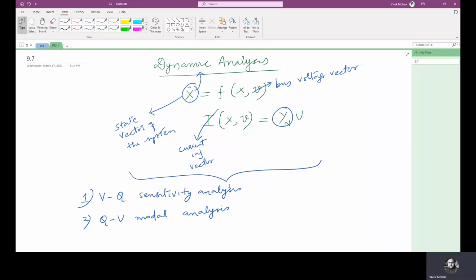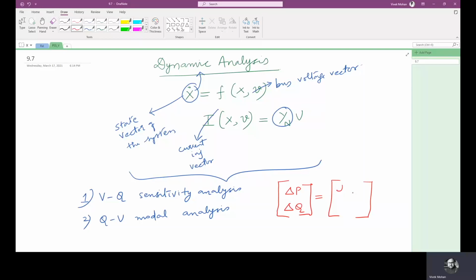In the VQ sensitivity analysis, we are interested in finding the vector delta P delta Q equals the Jacobian matrix.